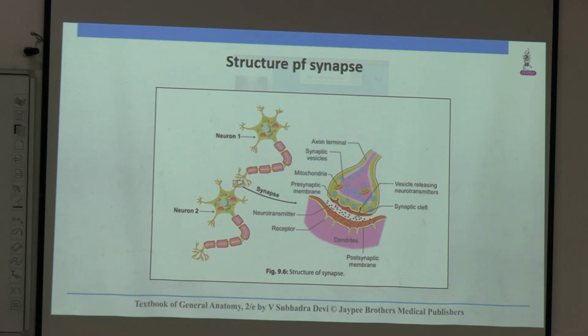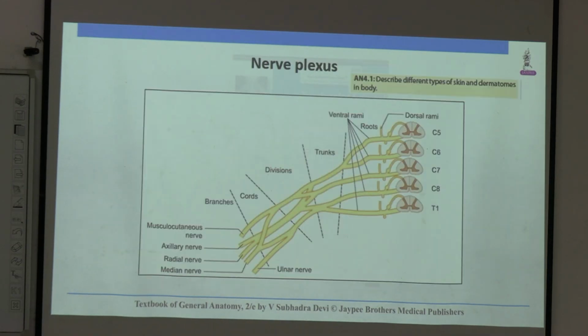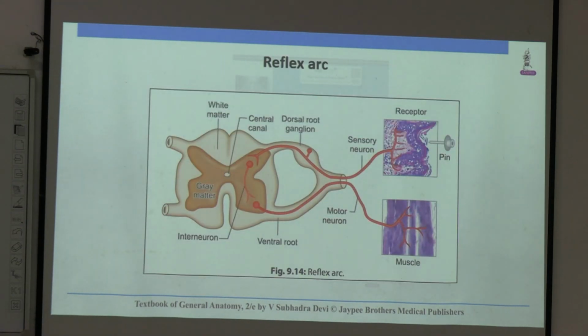Say we have a stimulation received through receptors in the skin. There is a pin giving a painful stimulation, penetrating the skin, and it is picked up by the sensory neurons. These sensory neurons take this information through the sensory nerves to the spinal cord and the central nervous system, to the brain, and the brain says, oh, it's a pin, hurting, move away.